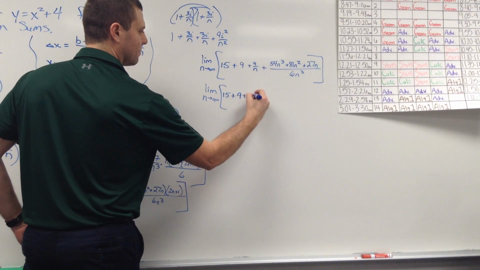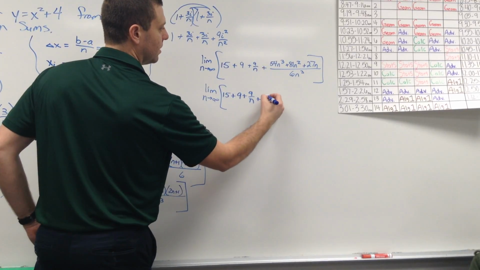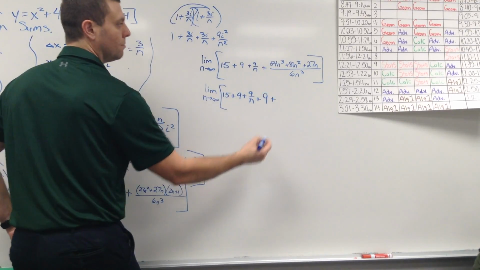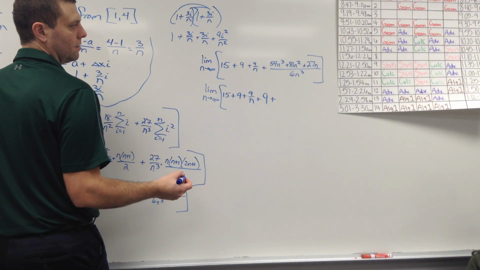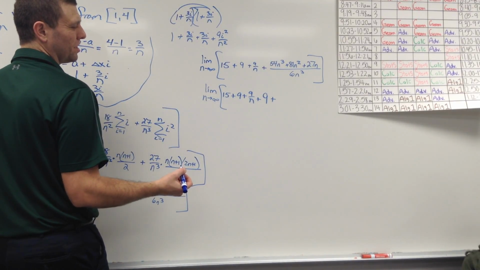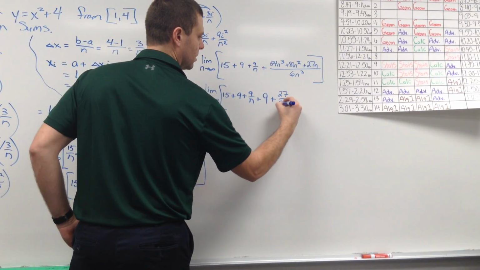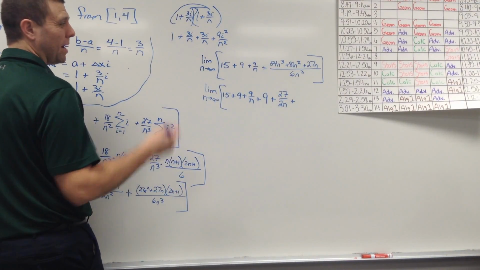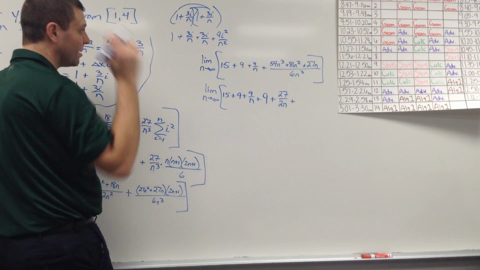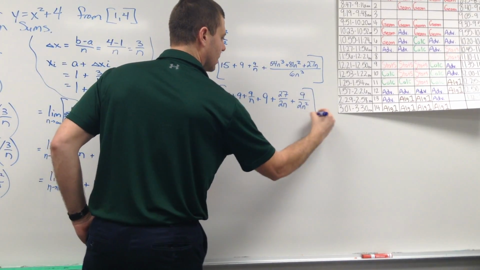15 plus 9 over n plus 9 plus... divisible by 3, 27 over 2. Again divisible by 3, so 9 over 2.